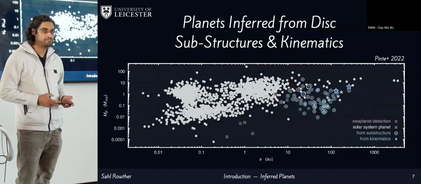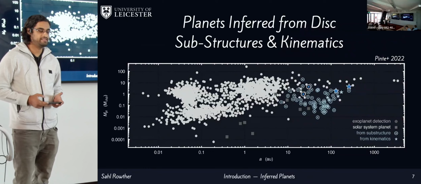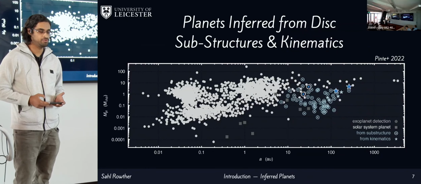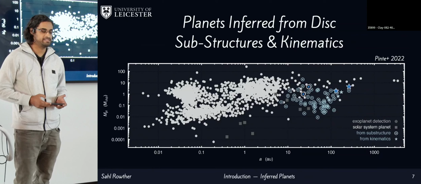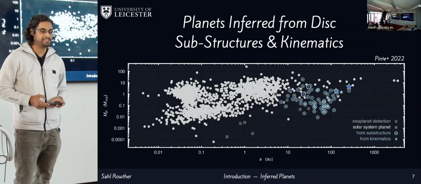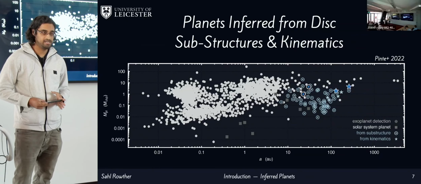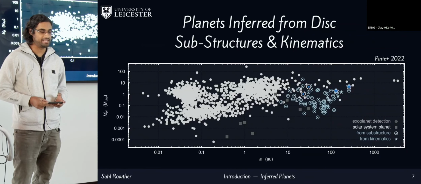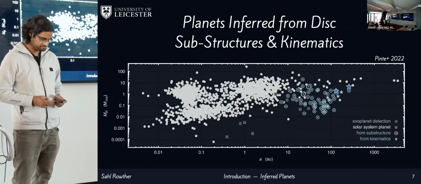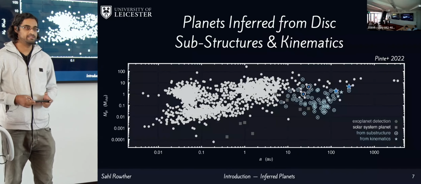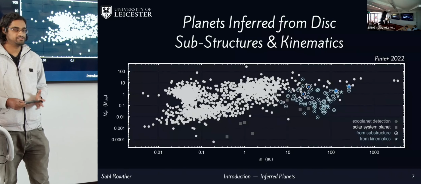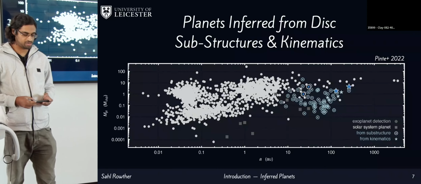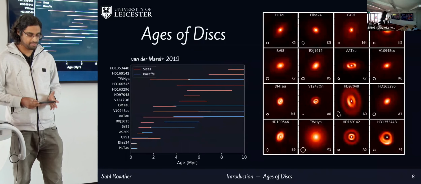So from the gap widths in the continuum and the kinks in the kinematics, we can infer the masses and locations of these potential planets, and those are shown in blue. A lot of these planets are around a Jupiter mass at tens of AU to a couple hundred AU.